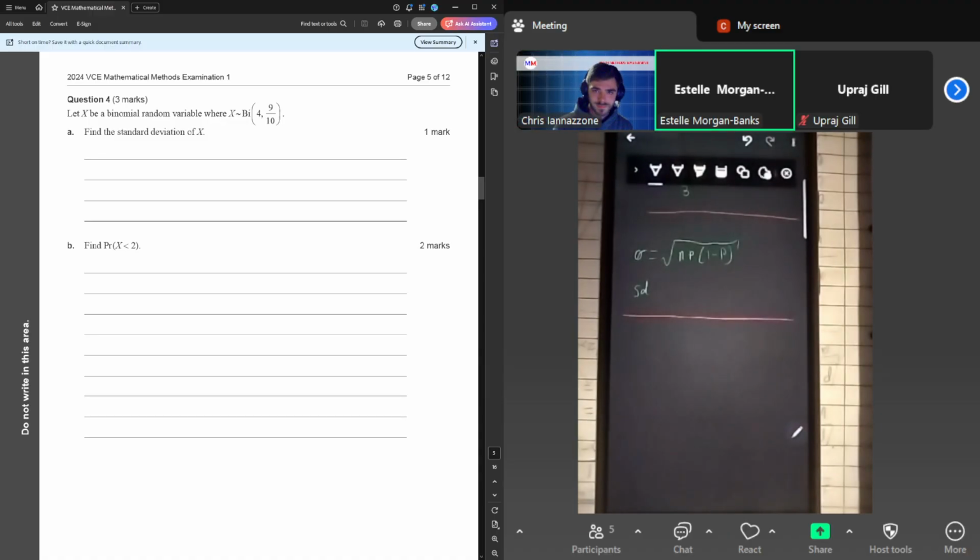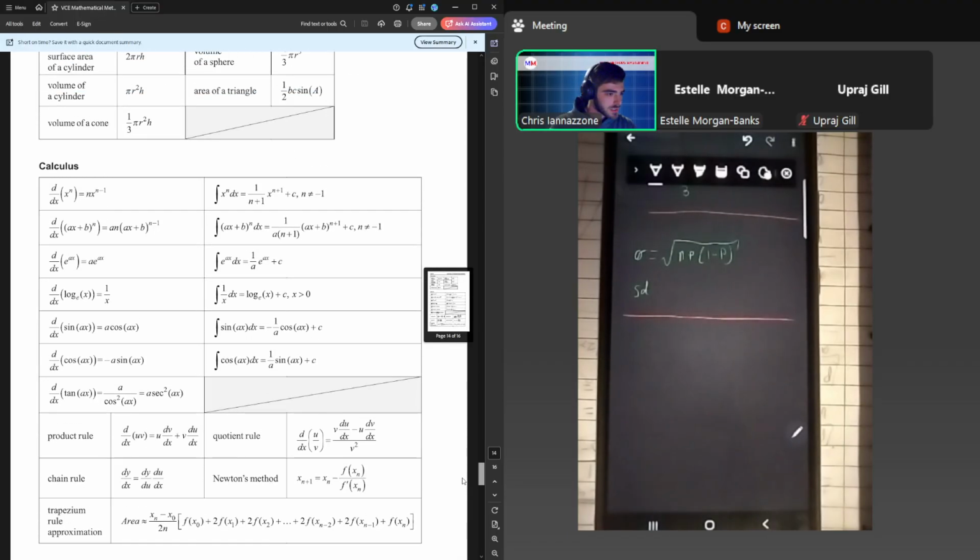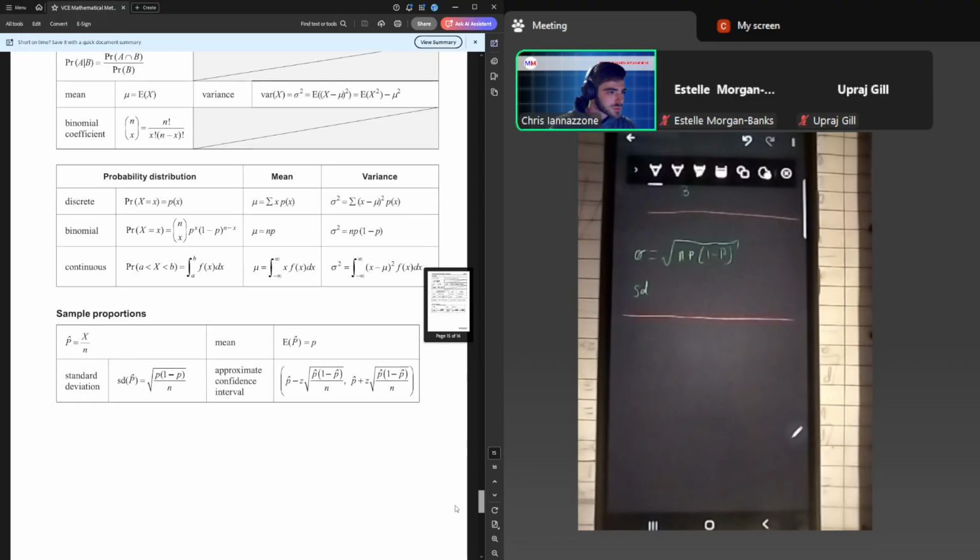I'm not 100% sure, but do we just put it in that formula where it's like 4 choose 2, the probability of success squared minus the probability of failure? Yeah, it's kind of that. Just so I can make it easier for you to figure out where the terms would go.